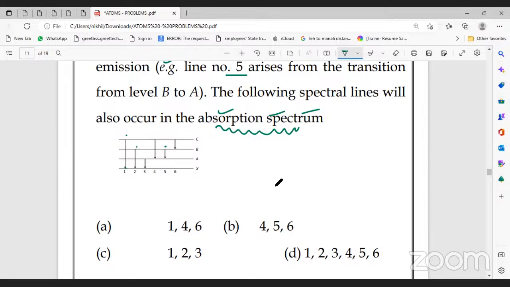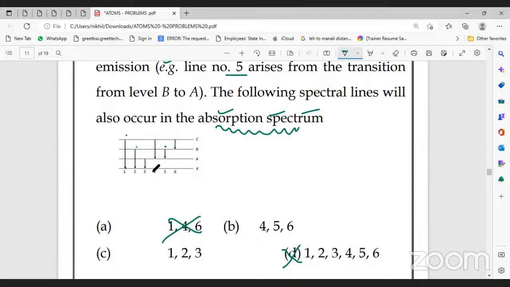Definitely you can't take 1, 2, 3, 4, 5, 6. All the lines can't be in the absorption spectrum. 4, 5, 6 is one set. 1, 2, 3 is one set. 1, 4, 6 is not possible because this is not in the symmetry.